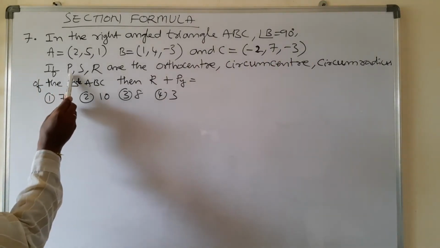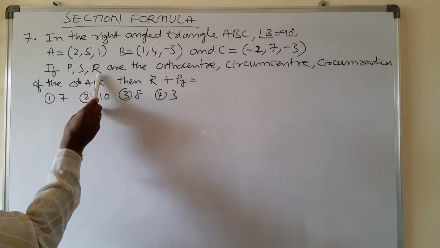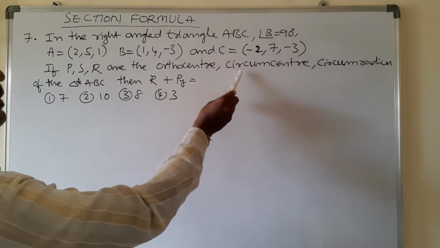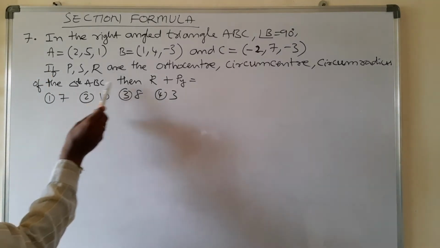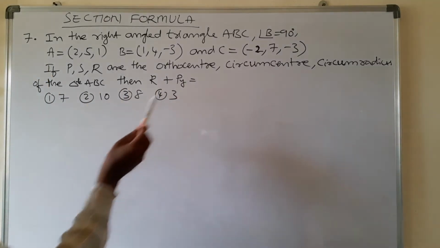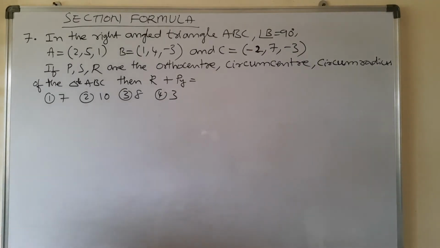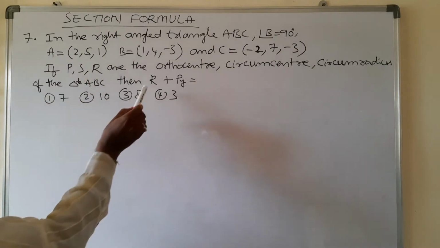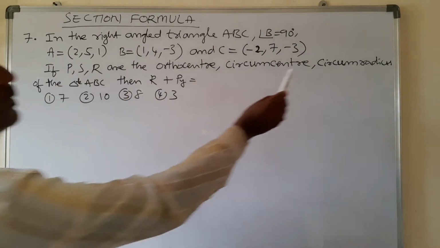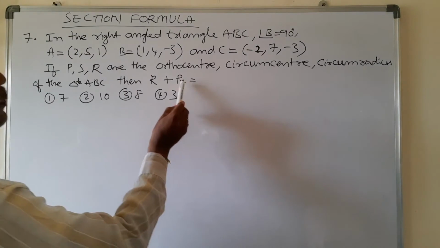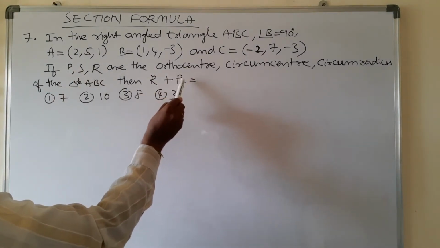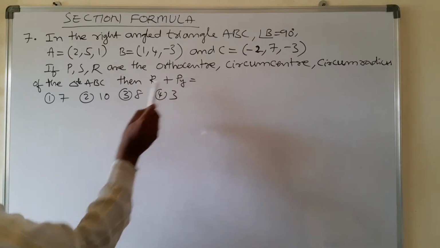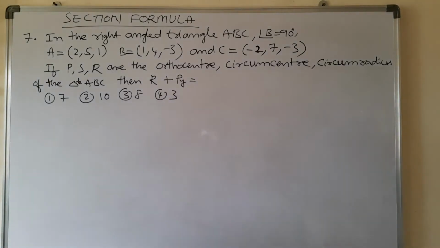If P, S, R are the orthocenter, circumcenter, circumradius of the triangle ABC, then R plus Py equals, here the 4 options are given. First, in this problem, to find R, the circumradius, and find Py, P equal to orthocenter. Py means the y coordinate of P.